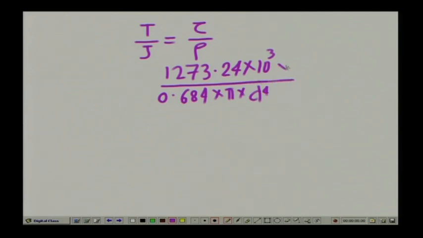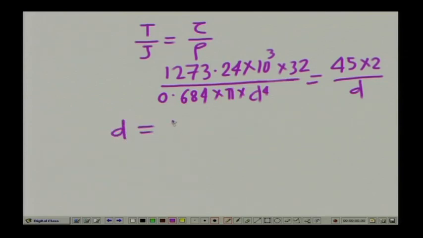So, this gets multiplied by 32. This is equal to tau, limited to 45 MPa, and rho is outer diameter by 2, so 2 divided by d. So, from this if you compute the value of d, d comes as 59.51 millimeter.